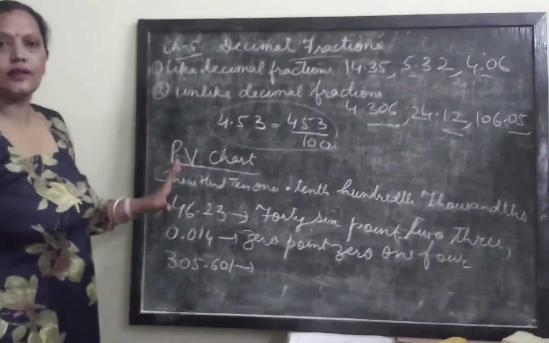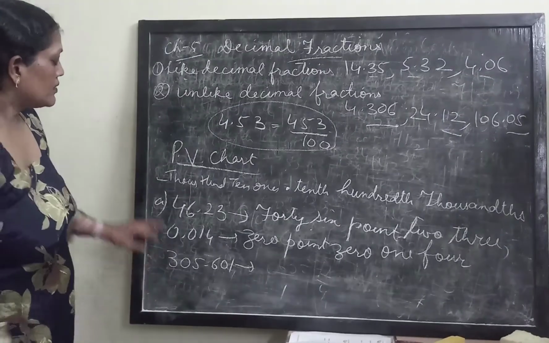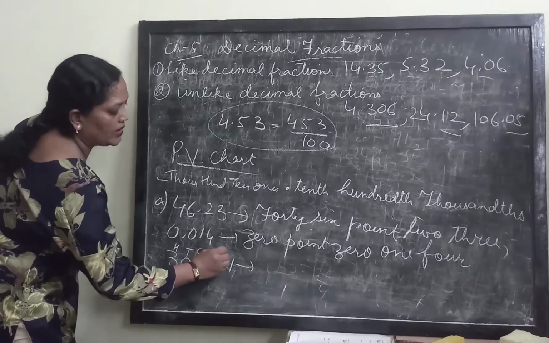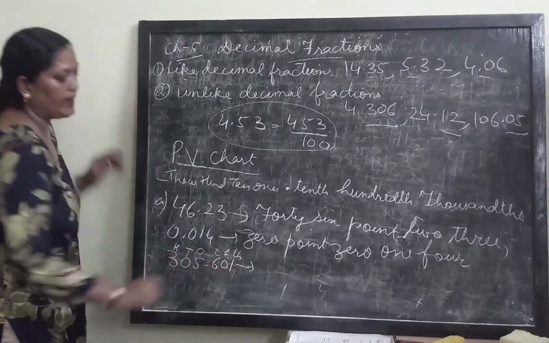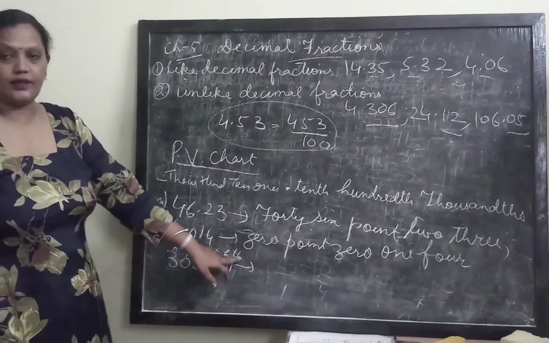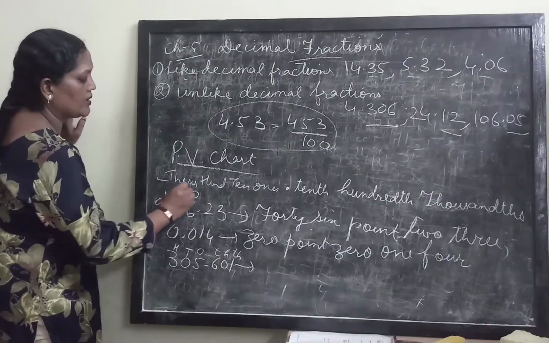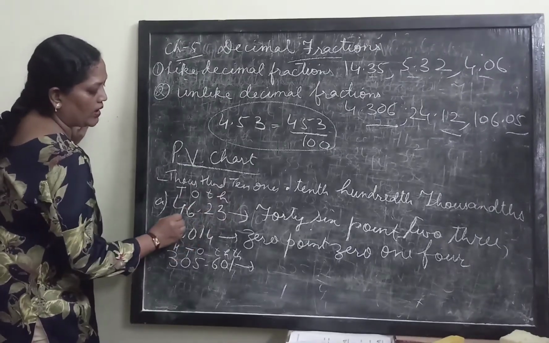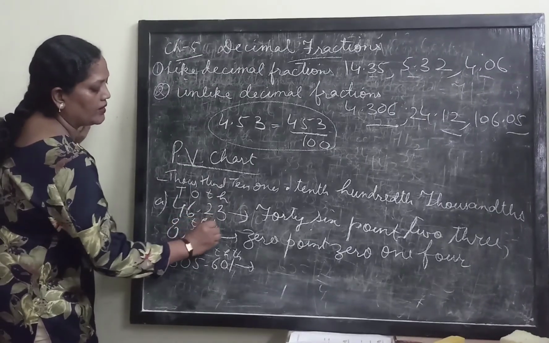The questions I have sent to the campus here. This will be, see here, ones, tens, hundreds. This is the tenth part, hundredth part, thousandth part. We have to write it in short letters. Similarly here, ones, tens, in capital letters. After the decimal, small letters, tenth, hundredth, thousandth.